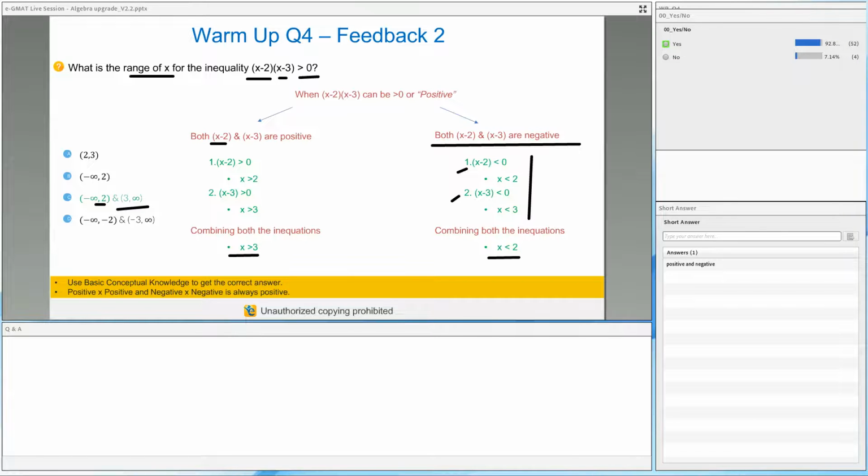So I need to choose the common value between x is less than 2 and x is less than 3, which will make sure that both of them are negative. And the common value is all those values which are less than 2. So you can take 1.9, you can take 1.8, you can take 0, take whatever you want to. In all these cases, when you multiply both of them, you'll get the product as positive.